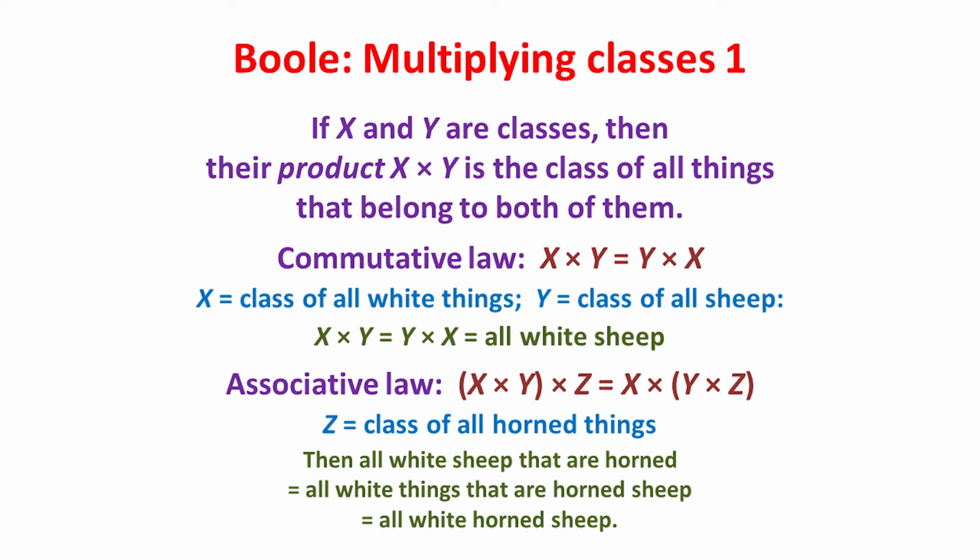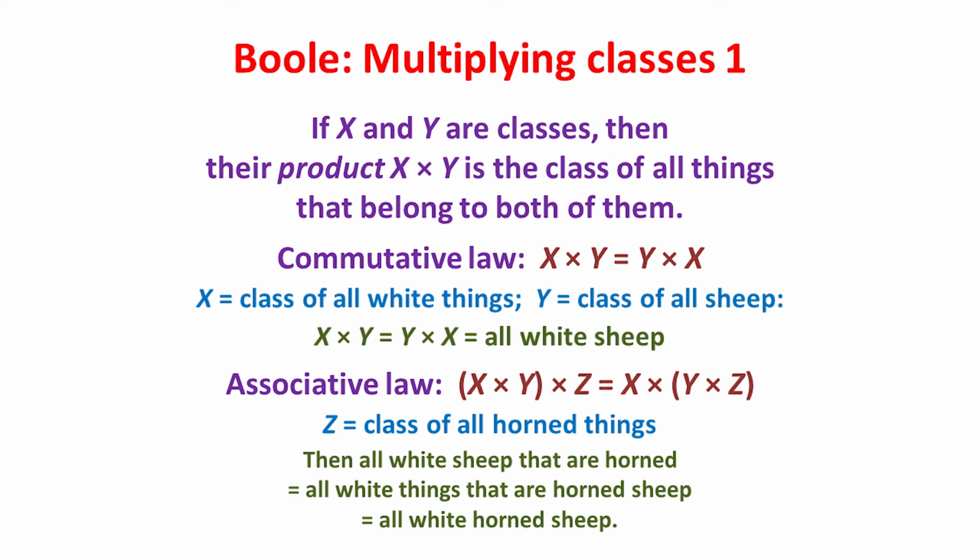Then x times y is the class of all white things that are sheep, that is, all white sheep. Well, y times x is the class of all sheep that are white things, which is also all white sheep. And in general, we have the commutative law, x times y equals y times x.